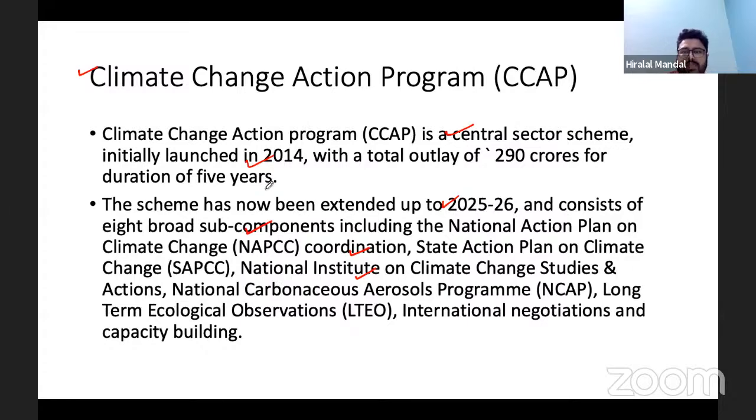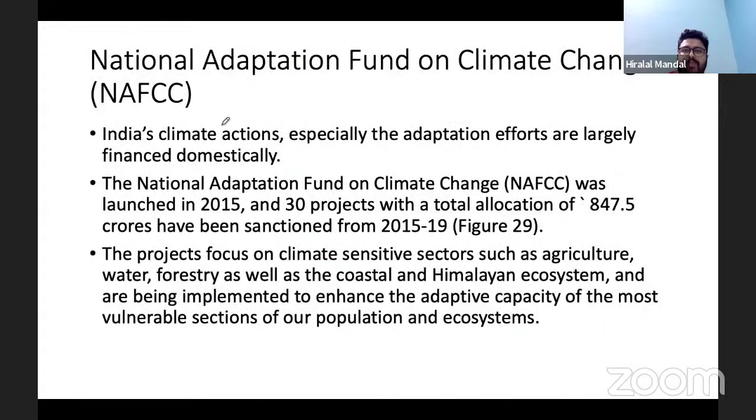Apart from that, the government has also created an adaptation fund on climate change. So NAPCC is the National Action Plan on Climate Change, and NAFCC is the National Adaptation Fund on Climate Change. In order to deal with adaptation, the plan has been visualized at the domestic level and was launched in 2015.